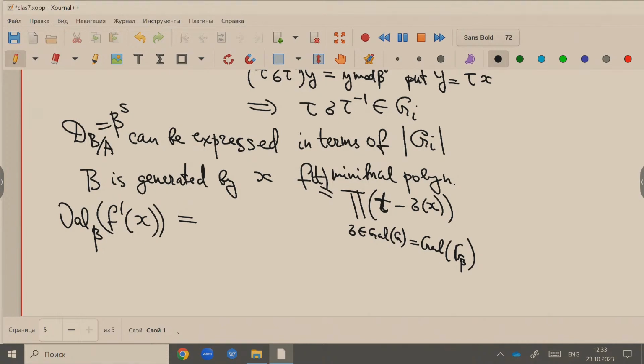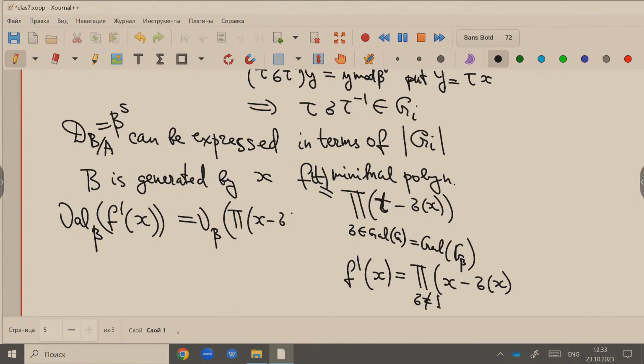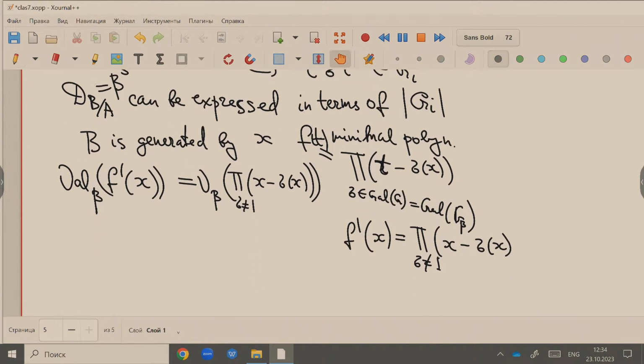You look at this valuation and notice that f prime of the root x is just the product over all elements x minus sigma of x, where sigma is not equal to 1. So this is the valuation of beta of this product, where x is now the generator. Here it is just a sum of the valuations.